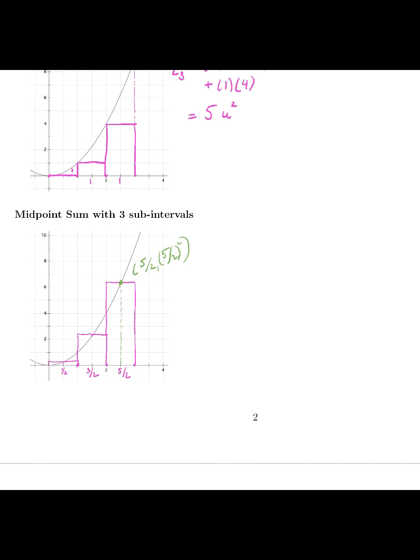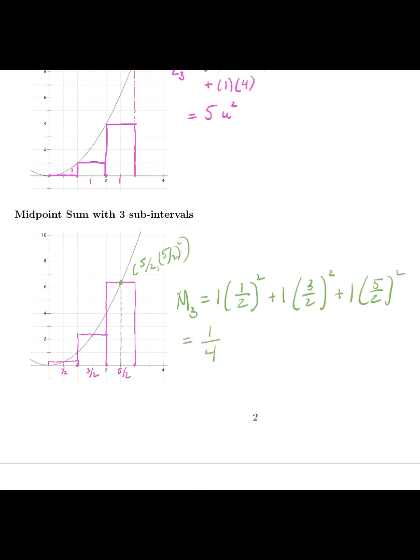So the midpoint sum here with 3 subintervals, well, again, each rectangle has width 1. The first rectangle has height 1/2 squared. That's the output of the function at 1/2. The second rectangle has width 1 and height output of the function at 3/2. And the third rectangle has width 1 and height output of the function at 5/2.